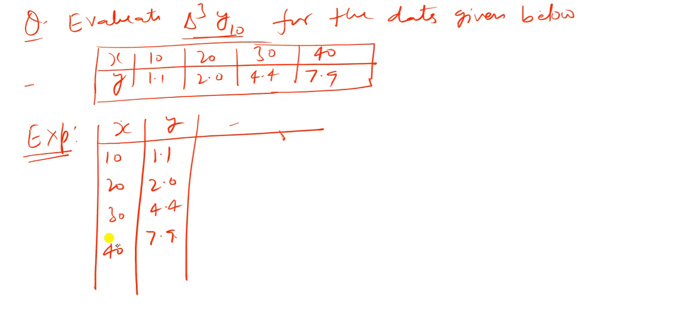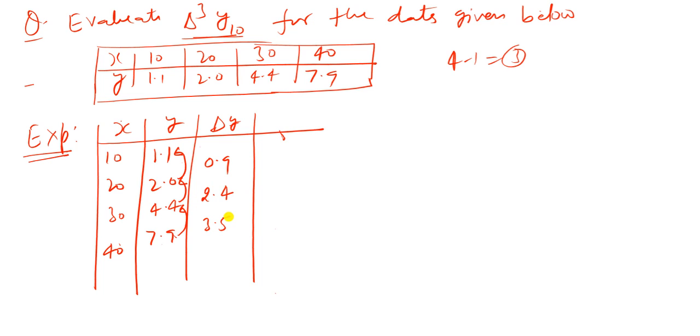Now the total x arguments are 4. So 4 minus 1 is equal to 3. So the maximum is the third order forward difference present in the forward difference table. For the first order forward difference of y, this value minus this value is equal to 0.9; this value minus this value is equal to 2.4; this value minus this value is equal to 3.5.